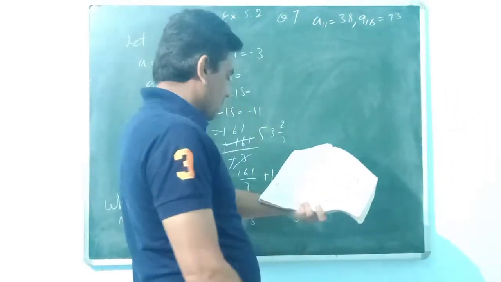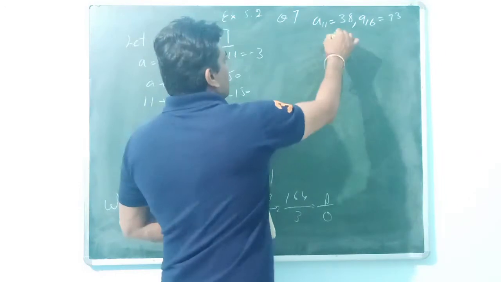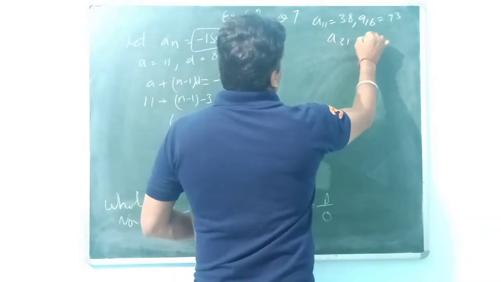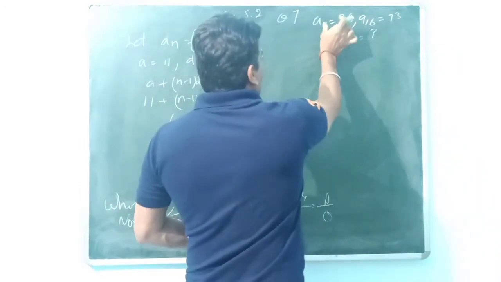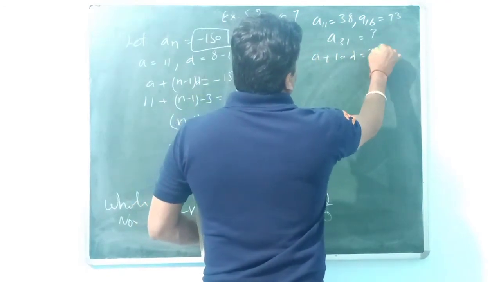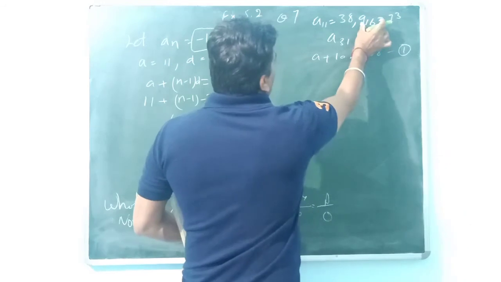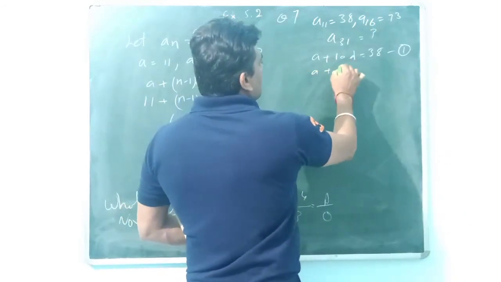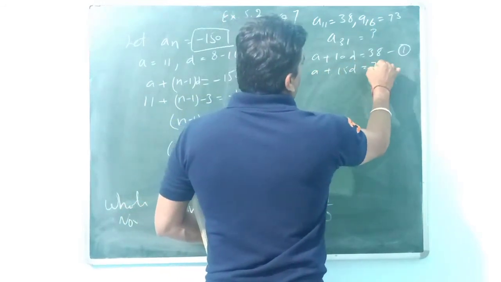We have to find a31. What is a11? a plus 10d is equal to 38. This is first. What is a16? a plus 15d equal to 73.